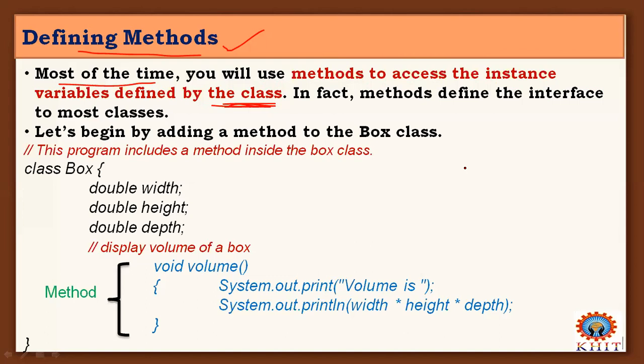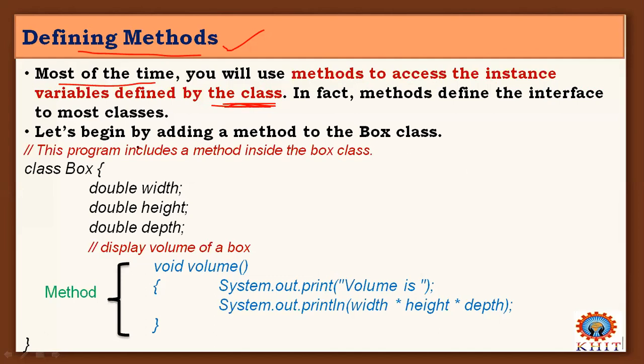Mainly that methods can access the instance variables, nothing but the data of a class, and perform something. As I told you in the previous slide, a class contains code along with data: data is nothing but instance variables, and code we design as methods in the class.